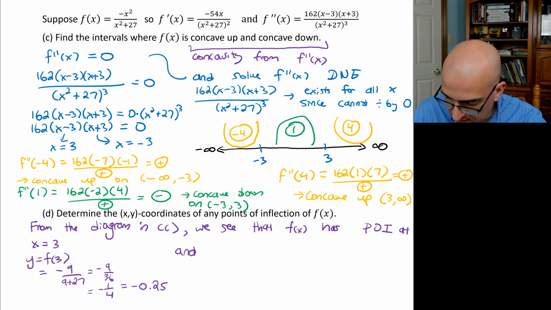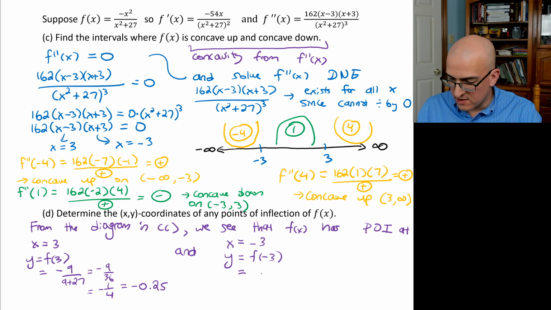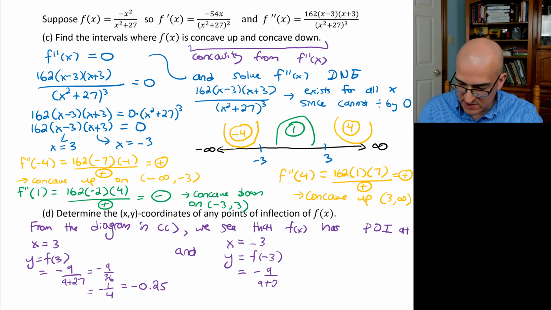And we have a second point, x equals -3. Y is f of -3. So that's going to be -9 over 9 plus 27. It's the same. So it's also -1 over 4, which is -0.25.